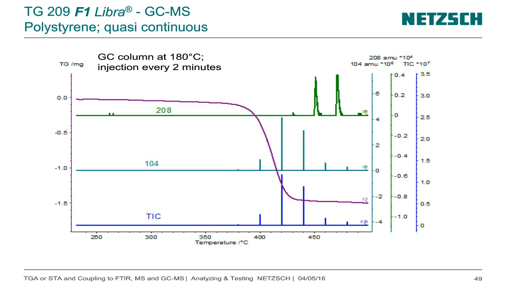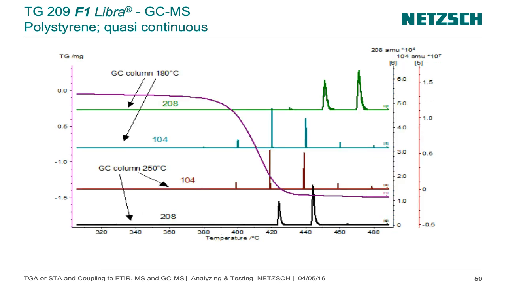And maybe this is also the problem, that the dimer needs longer time, and I have repeated the same measurement with the same amount of sample with a GC column temperature of 250 degrees C, and what you see is now that the dimer fits much, much closer to the monomer, so the separation via the column suggested that you have the evolution later.